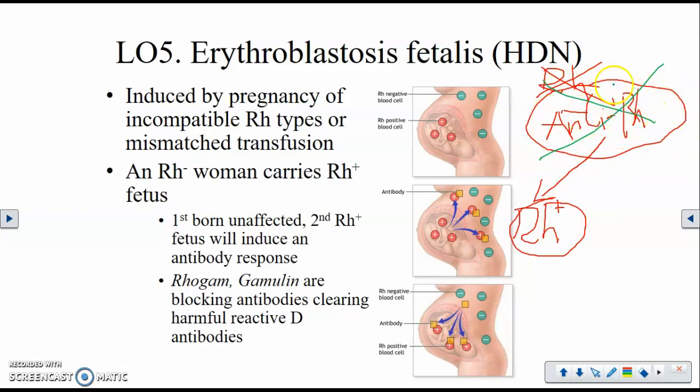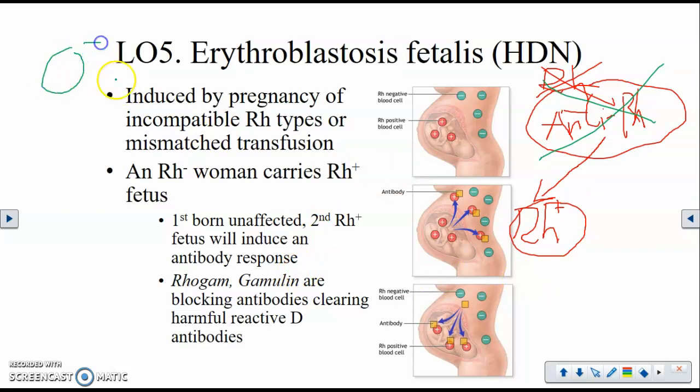Now, creating antibodies for Rh factor is not just a product between a pregnant mother and their fetus. This can actually happen to males if you are given the wrong blood type. Okay, this is one of the reasons why in surgery or in trauma situations, we always give O negative.